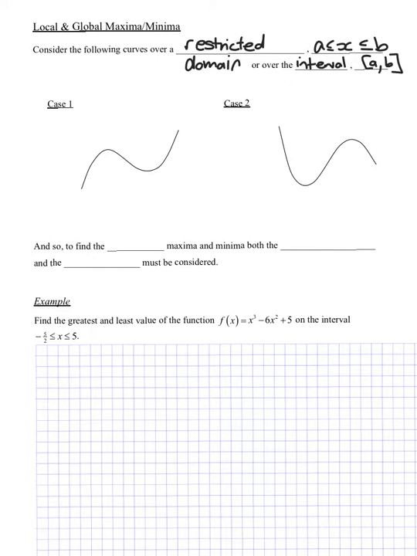Okay. So if we're doing this case, this is a global minimum, this is a global maximum. What that means is over that whole curve, that is the smallest point on the curve, the global minimum, and that is the biggest point on the curve, the global maximum.